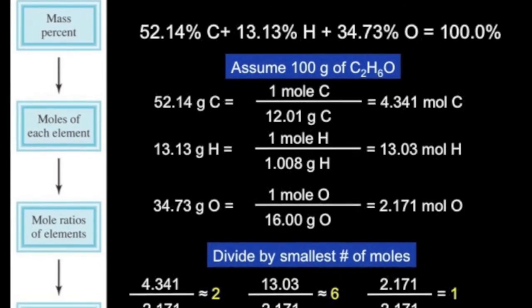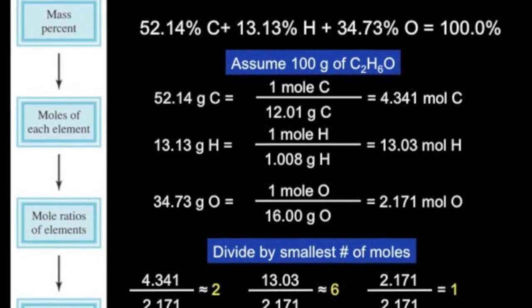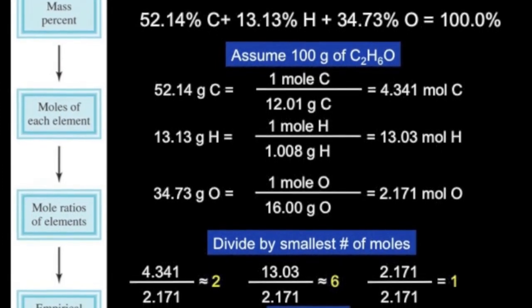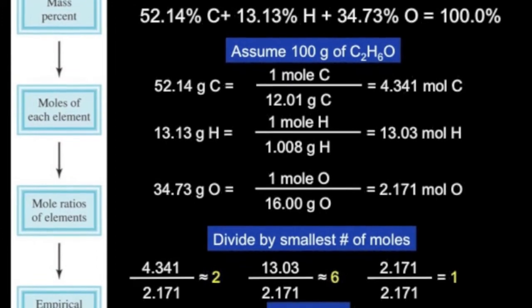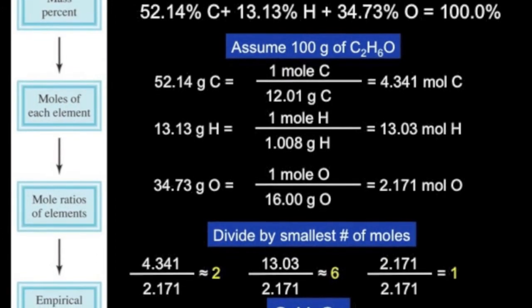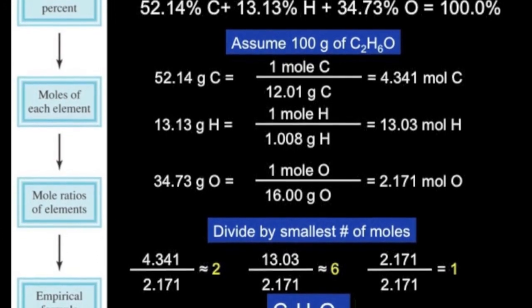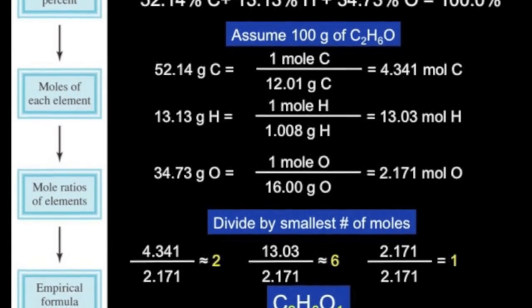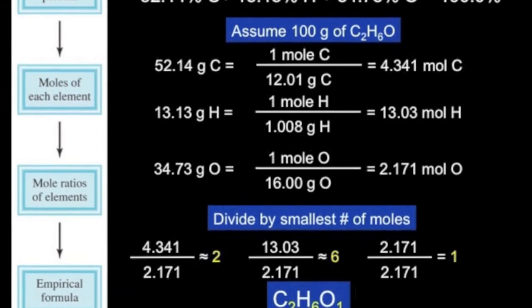If we then divide by the smallest number of moles to get the smallest whole number ratio, that gives us the relationship of each of those atoms in that molecule. So we can see that in this case our empirical formula based on this smallest whole number ratio of moles is going to be C2H6O1.